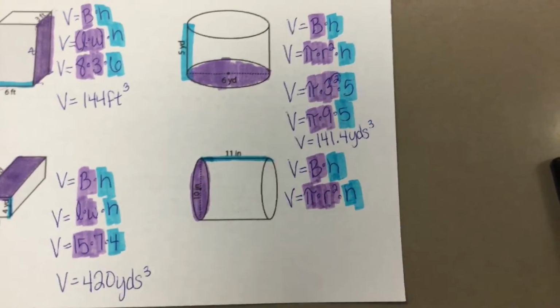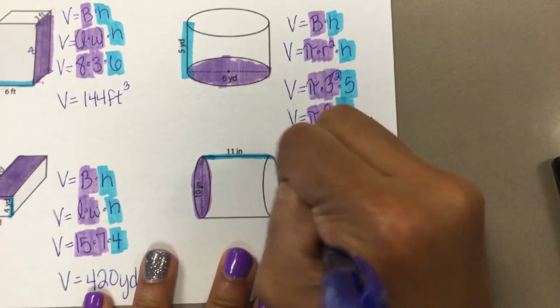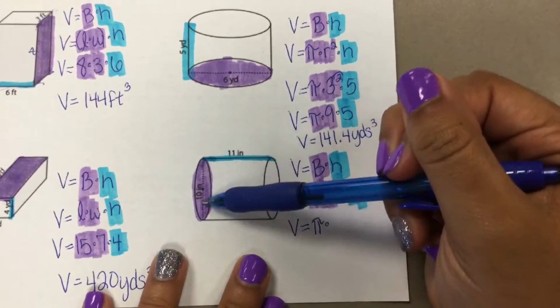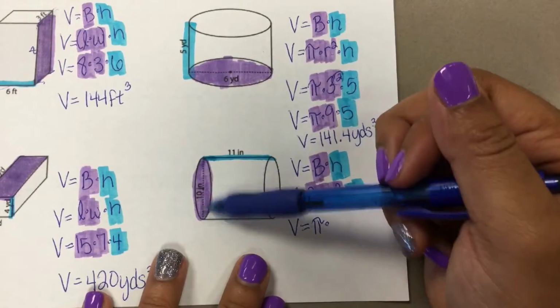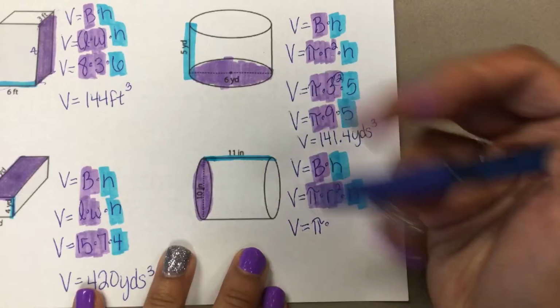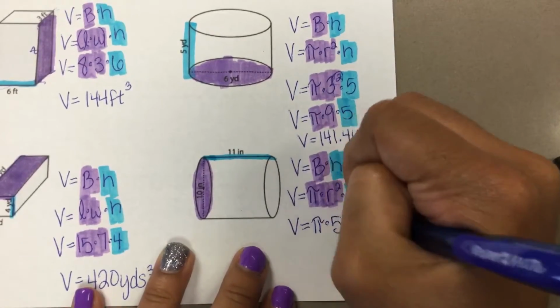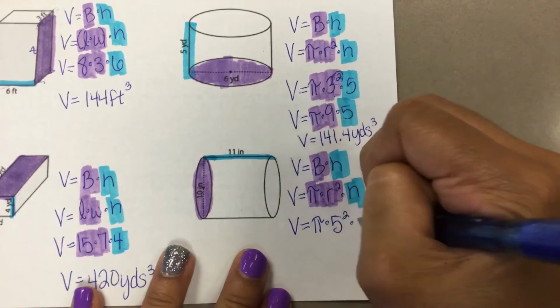Okay, so this time, volume, we have pi times the radius. Now, it gave us the diameter again, and the radius is half of the diameter. So half of 10 is 5 times the height, which is 11.